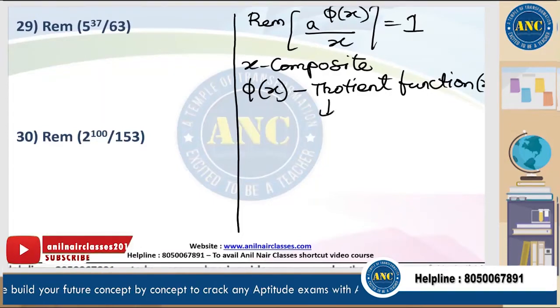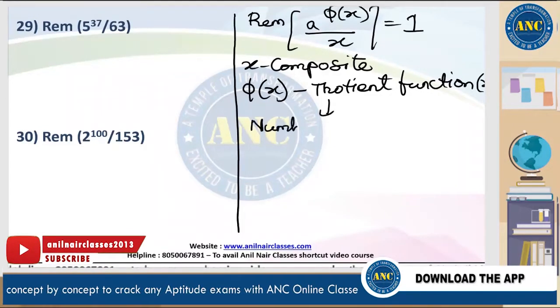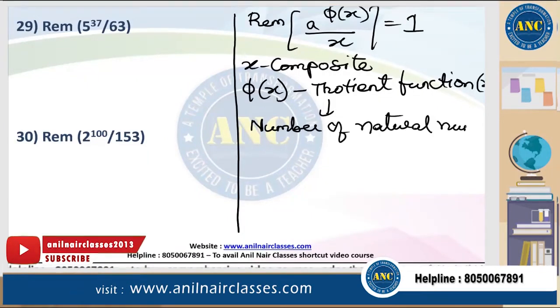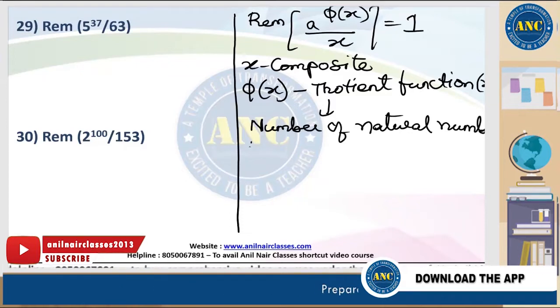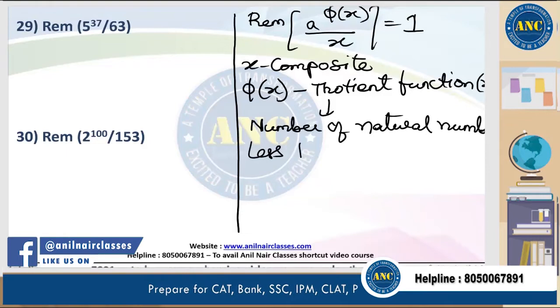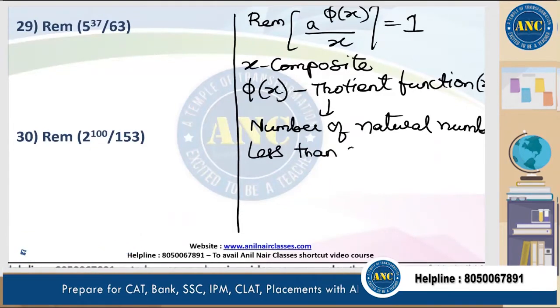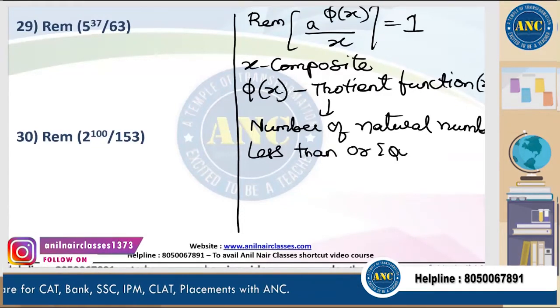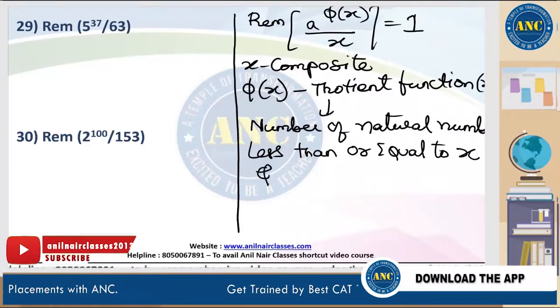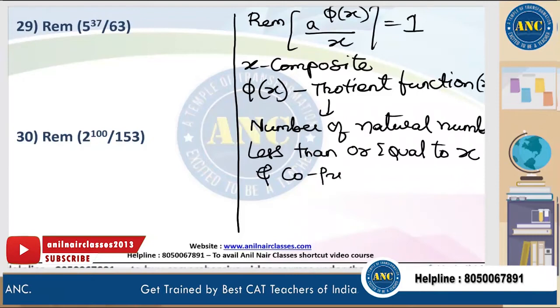Totient function means it will tell the number of natural numbers less than or equivalent to x and co-prime to x.